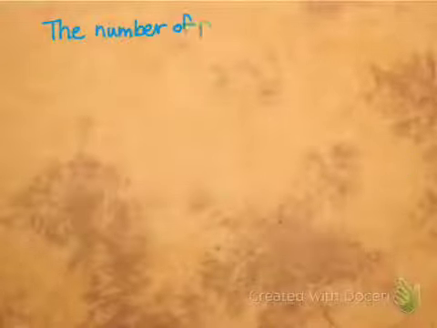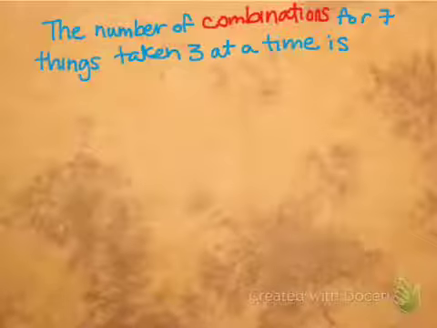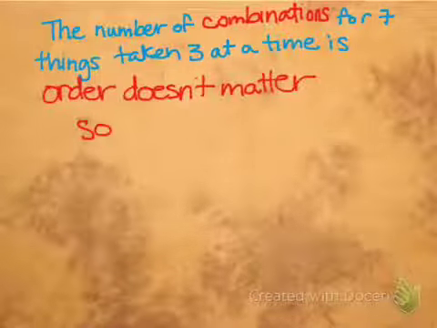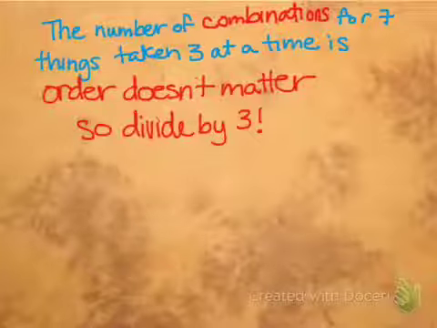Now, if we're talking about combinations, they are just slightly different. Combinations, for 7 things taken 3 at a time. Combinations, order doesn't matter. So when order doesn't matter, we're going to divide by those 3 places, 3 times 2 times 1, or 3 factorial.